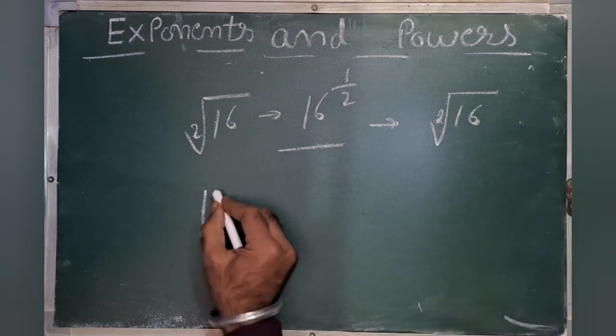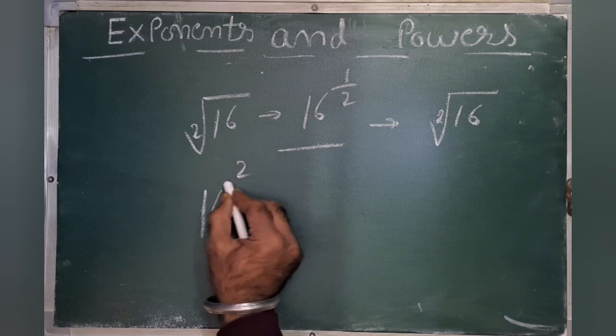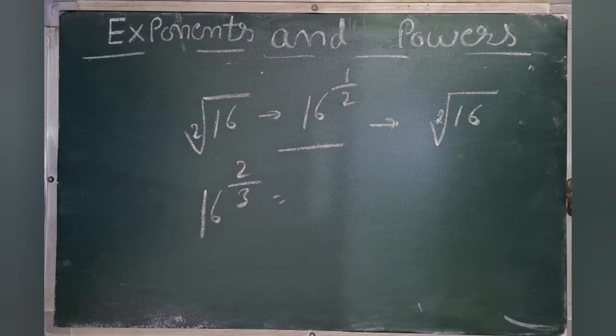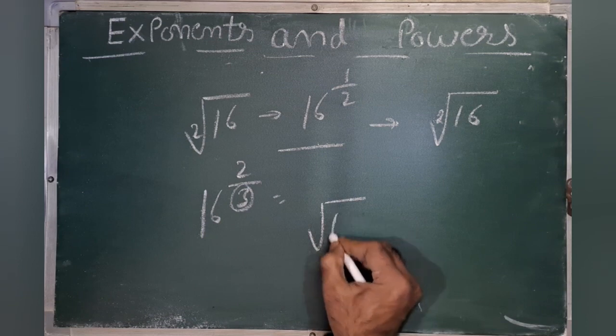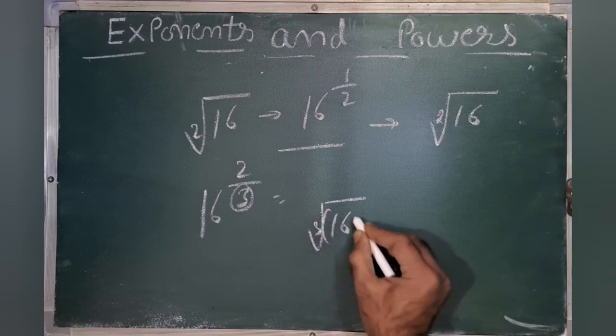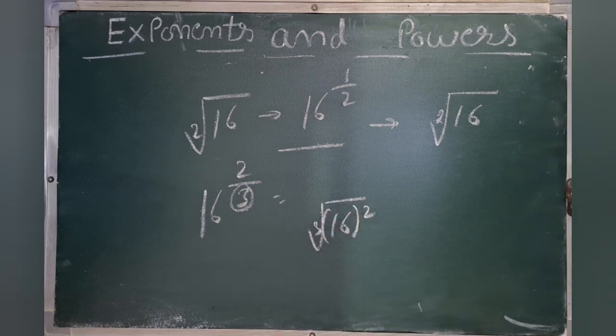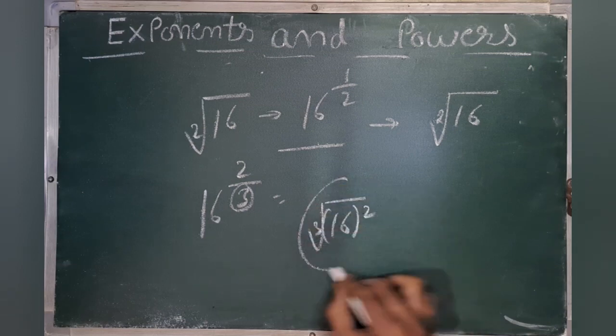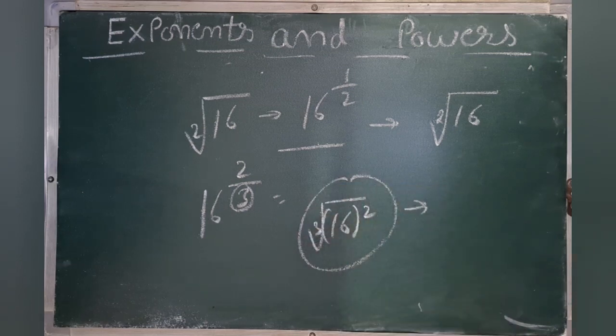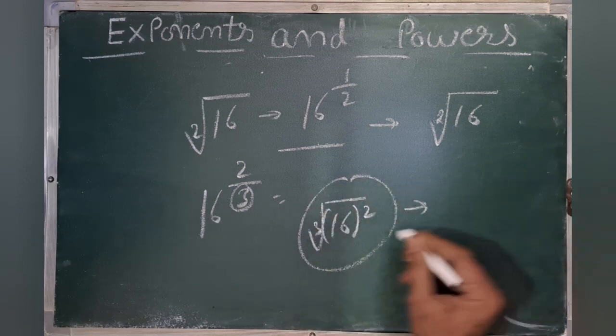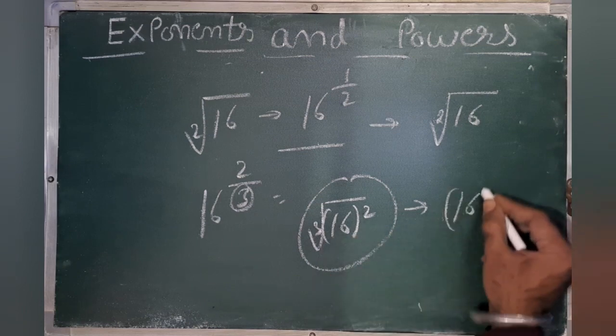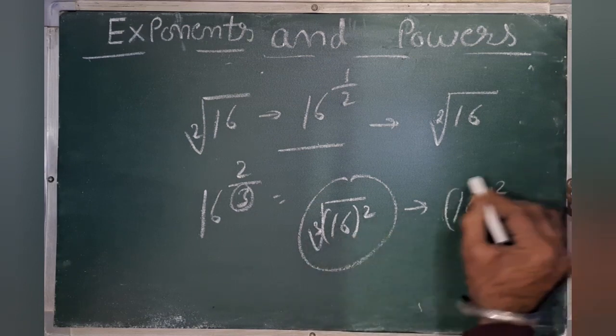Like, one more example, 16 power 2/3. What do we have to do? We have to find the third root of 16, which means cube root of 16, and the power of 16 is 2. Now how do we write this? 16 power 2, and this will become 1 by 3.